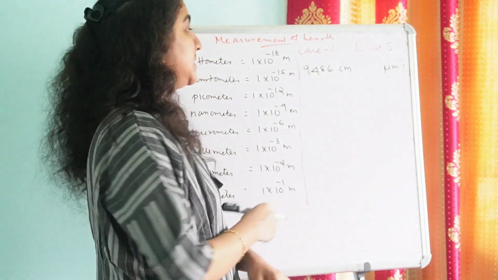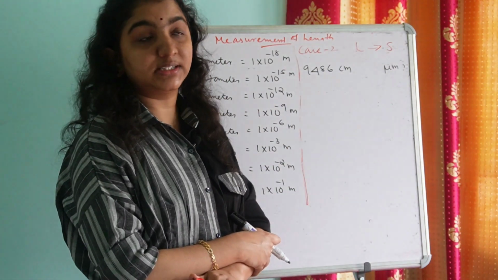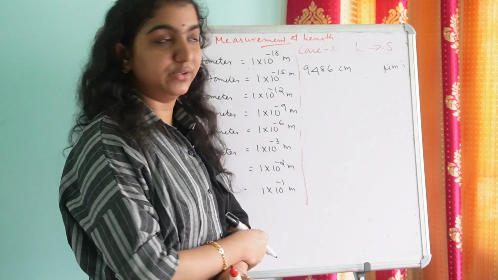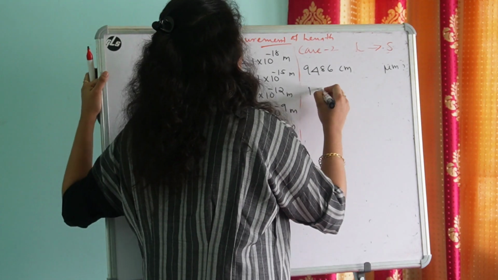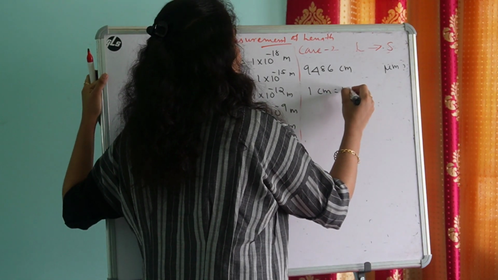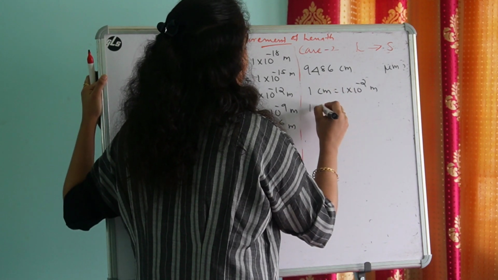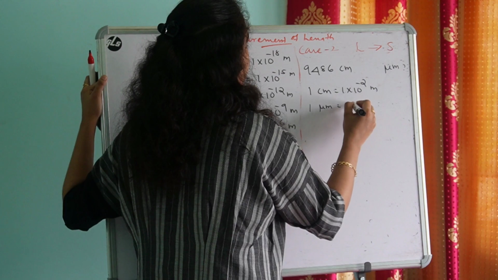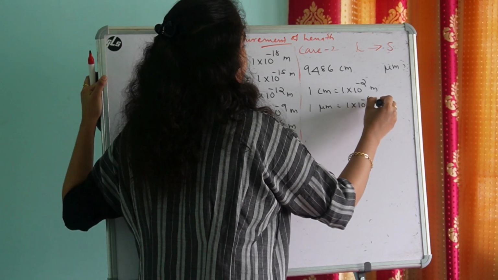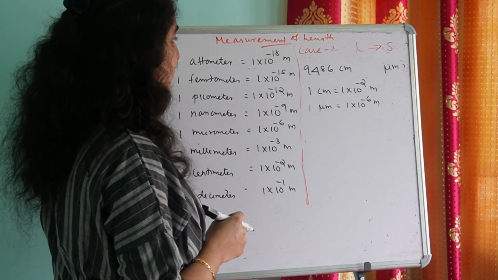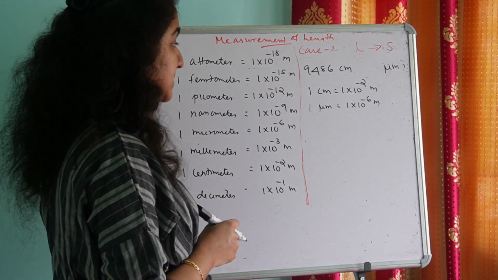Here I don't know any direct relationship connecting these two units, isn't it? So 1 centimeter is equal to 1 into 10 power minus 2 meter, and again 1 mu meter is equal to 1 into 10 power minus 6 meter.